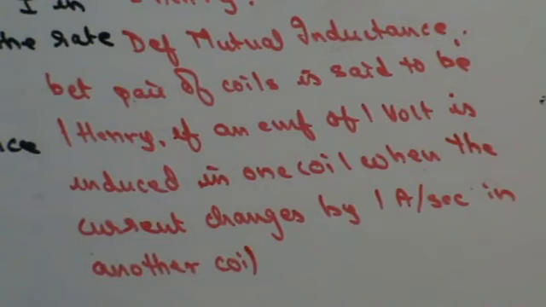So if the rate of change of current in the neighboring coil is 1 ampere per second, and the EMF induced in the first coil is 1 volt, then the mutual inductance is said to be 1 Henry. On the basis of this, you have a device made which is called a transformer.